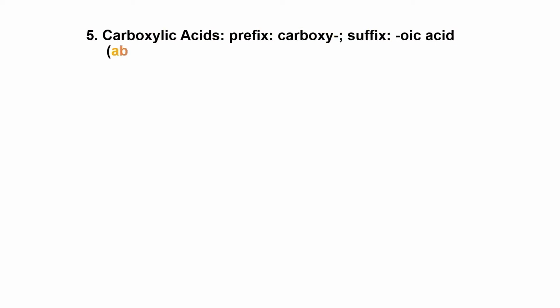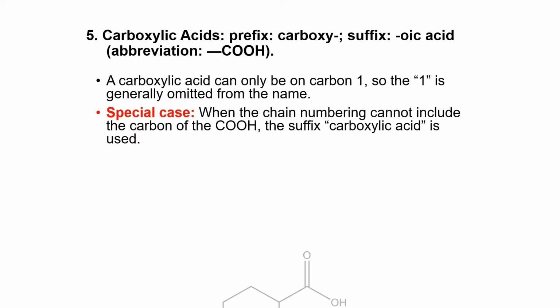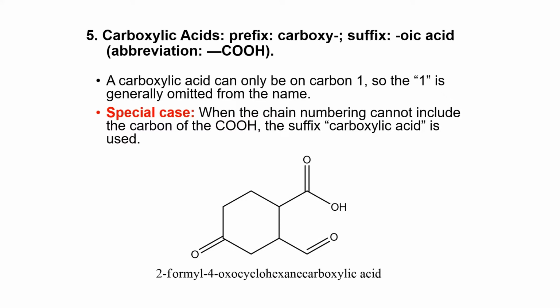Carboxylic acid also has a special case whereby the carbon of the carboxyl group cannot be in the longest chain. For example, this molecule, as you can see, the carboxyl group is here, outside from the longest chain. This is the longest chain, cyclohexane. Carbon number 1 must be the one that is attached to the carboxyl group.